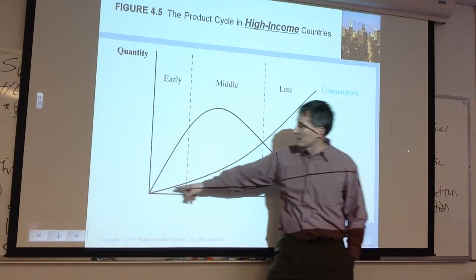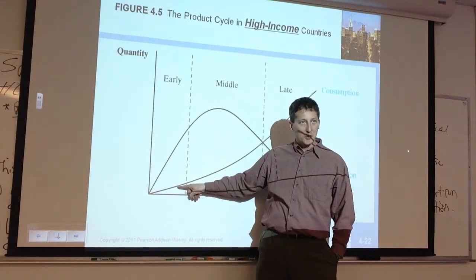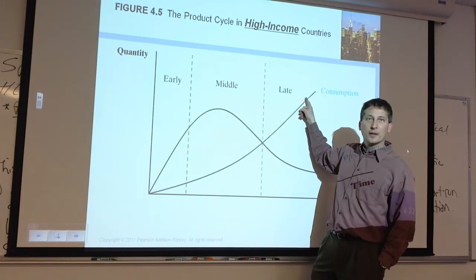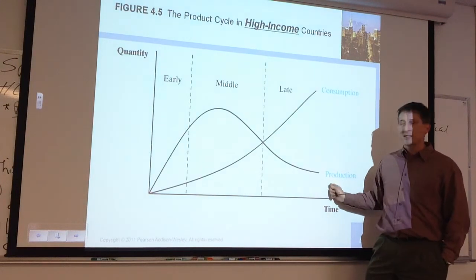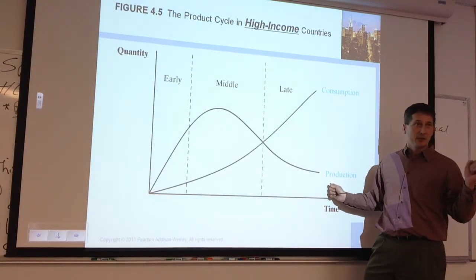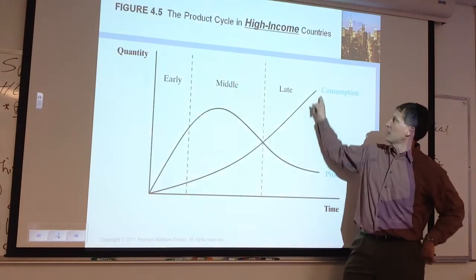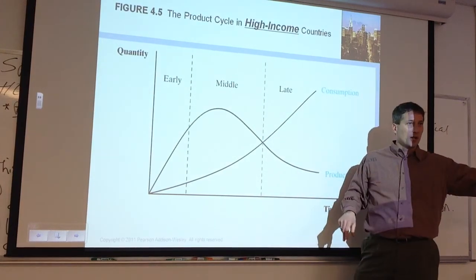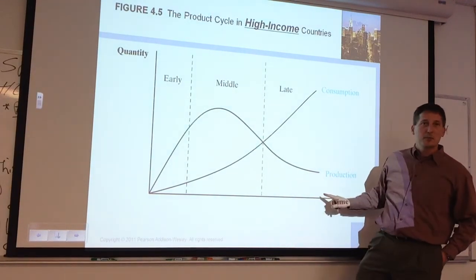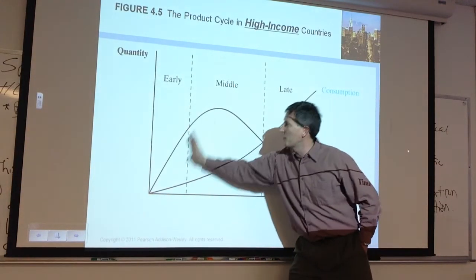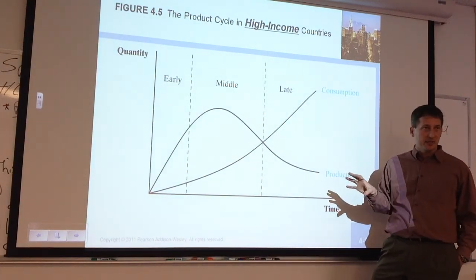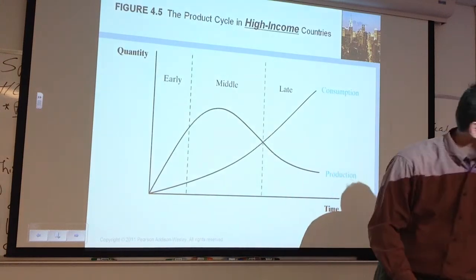We like the product right away through test markets in the early phases of it, right? So our consumption of the good goes up. But where we get it from is not necessarily ourselves. The production possibilities frontier would allow us to do it, but it's better to keep our consumption high and buy it from China, right? So we're thinking about US consumption versus US production, and as we move through time, through the product cycle, we might see a pattern like that develop. All right, we'll pick up there next time.